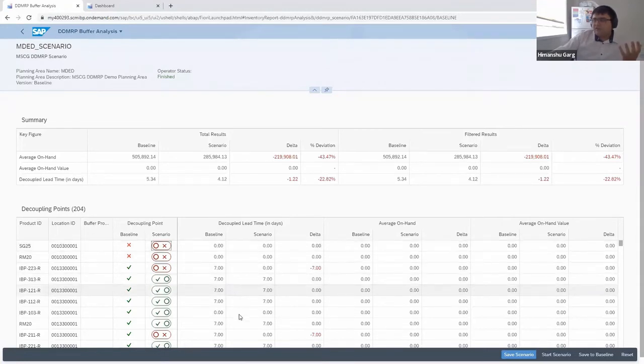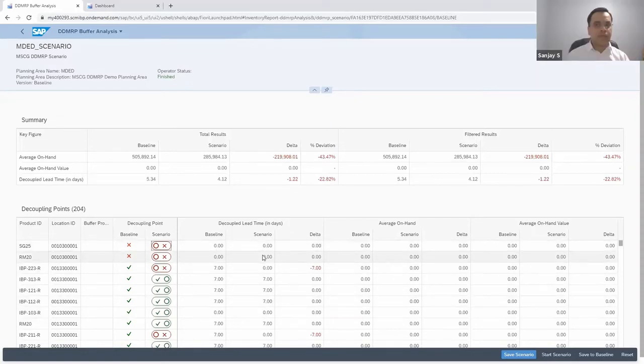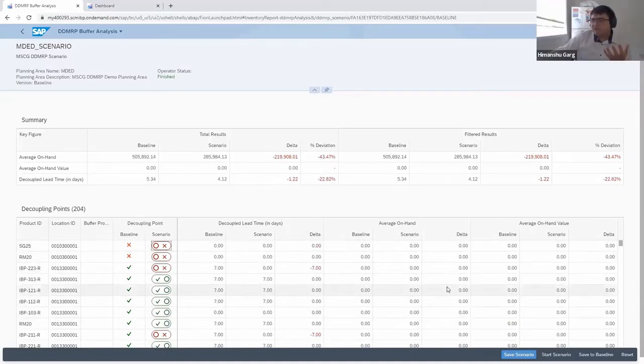And the benefit of the screen is that you get an overview on one screen, as well as the comparison between baseline and the scenario that we are creating. Also the difference: what would be my decoupling lead time if I keep this location product as a decoupling point or not? What would be my average on hand, in value terms as well? And the summary is also available at the overall level.